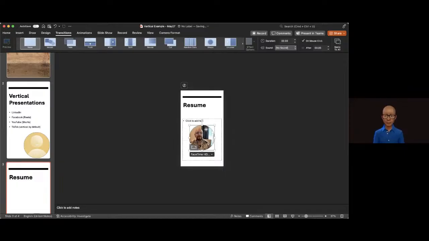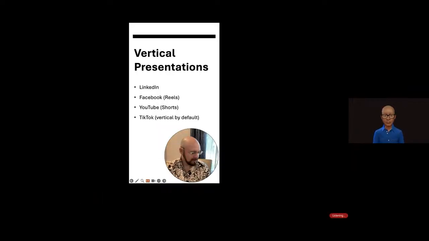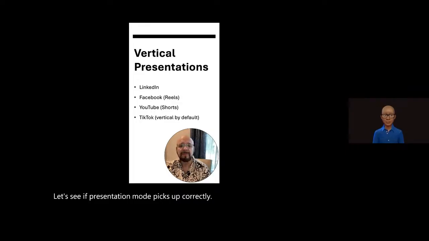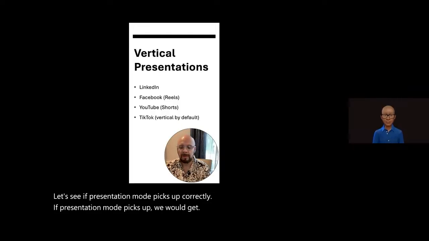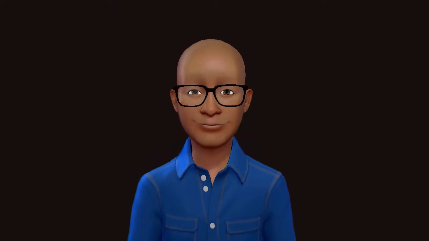So if I move my words and my slide here and we go into presentation mode, let's see if presentation mode picks up correctly. If presentation mode picks up, we should get the morph effect between the two slides here. Go.